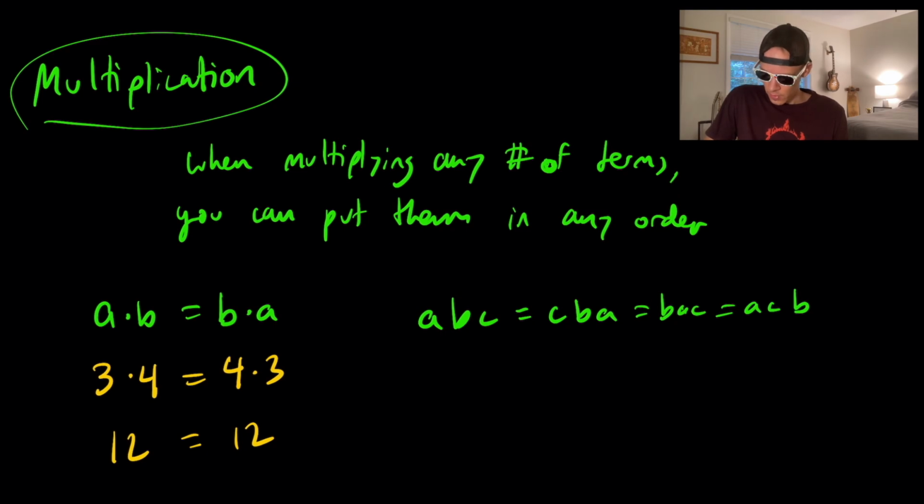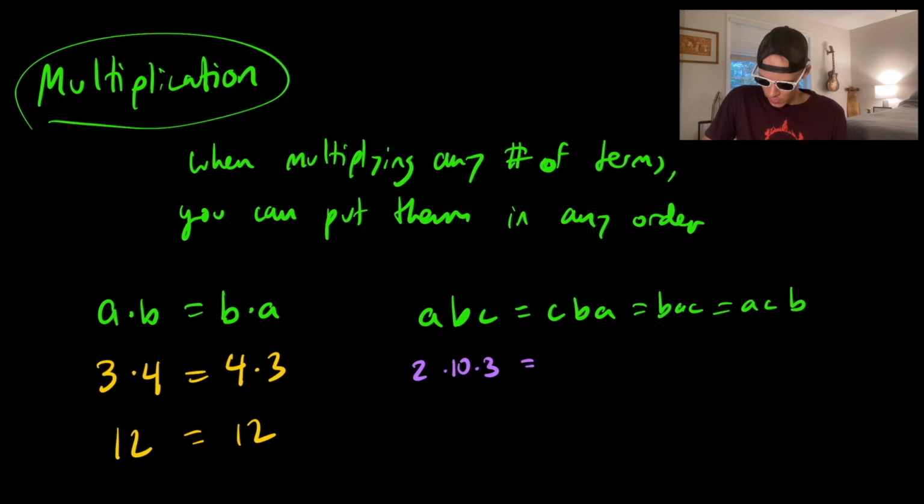And then if we plug in some numbers, let's do 2 times 10 times 3. And if I arrange it C times B times A, that's just backwards, so that'll be 3 times 10 times 2. BAC is going to be 10 times 3 times 2. And then A times C times B is going to be 2 times 3 times 10.